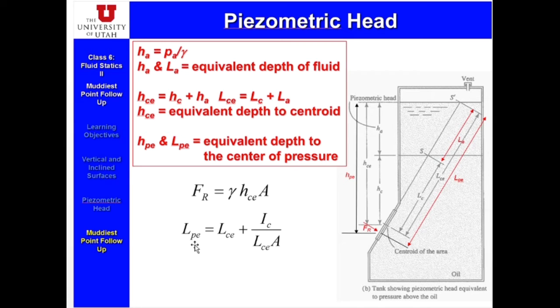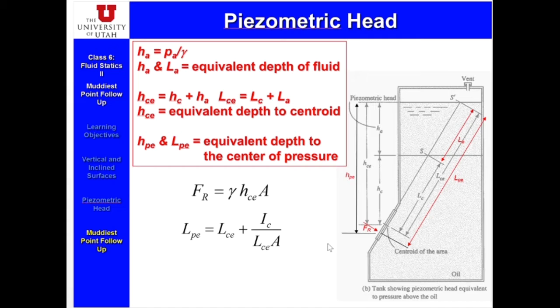I think a lot of confusion came in with the example problem. Well, what are we looking at here? And so I've got it laid out. We have L sub PE, the equivalent depth to the center of pressure, along the inclined plane. L sub PE is shown here, and we calculate it from the equivalent depth to the centroid.